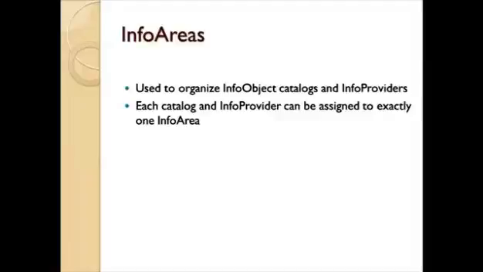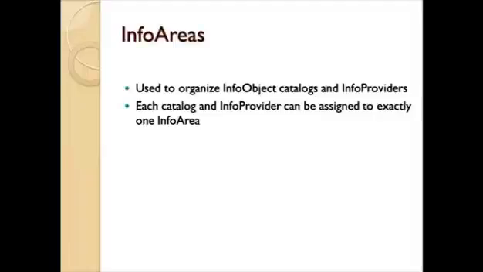So you have all kinds of info providers possible, and therefore to organize them, we'll create info areas. But also notice that each info object catalog and info provider can be assigned to exactly one info area.